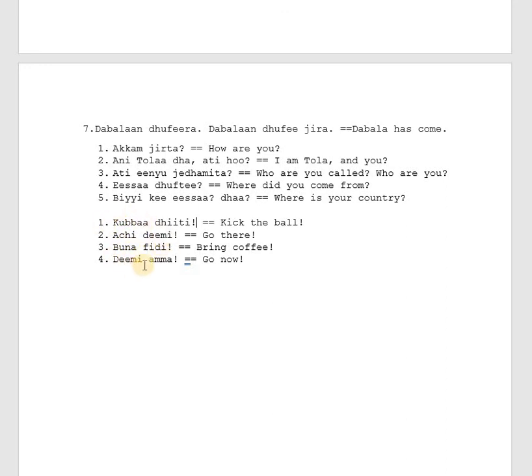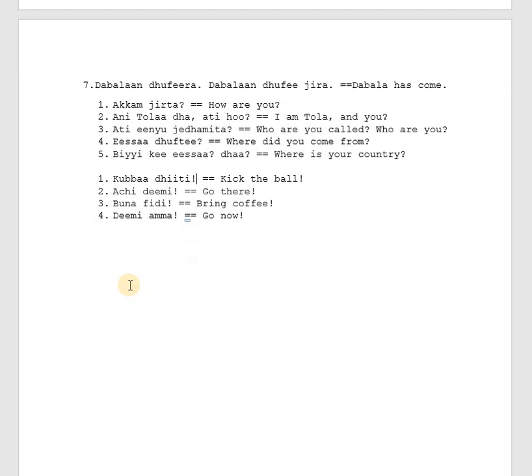Luckily, these words can interchange places, like ite kubba, demach, fidi buna, amma demi. They can flip places, but the problem is they carry a very strong command, like the person who is ordering is in a wrong mood.